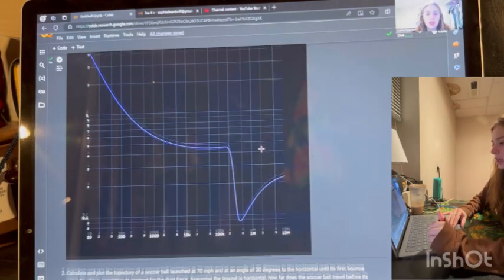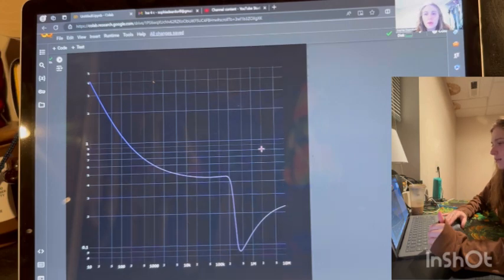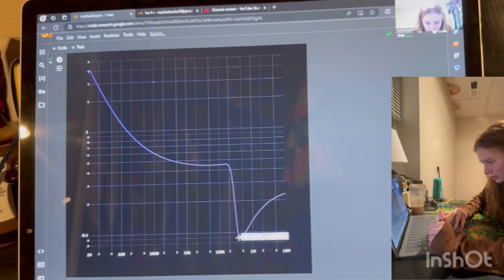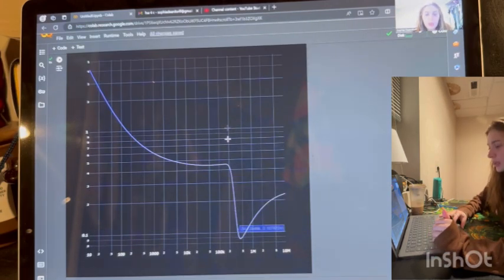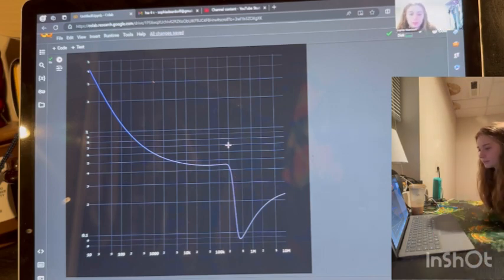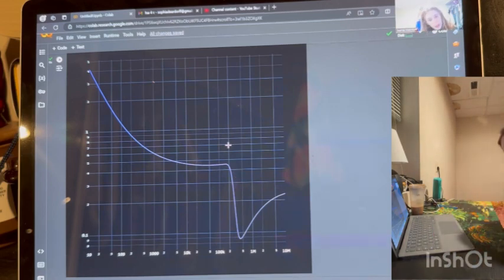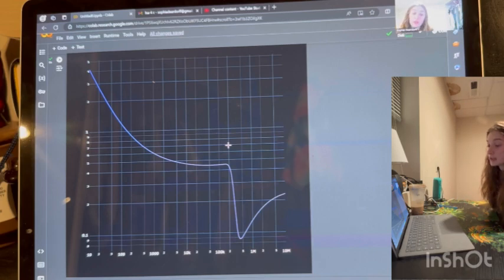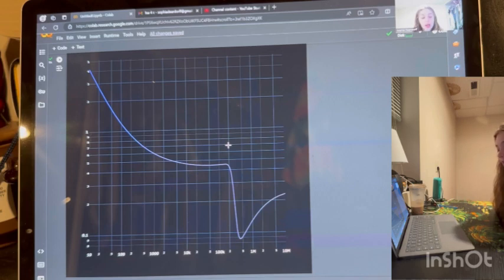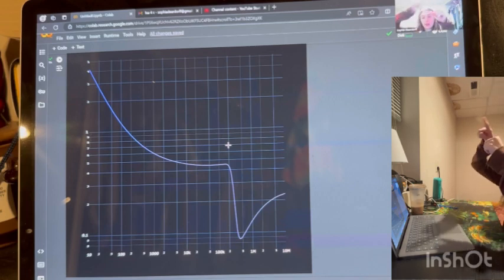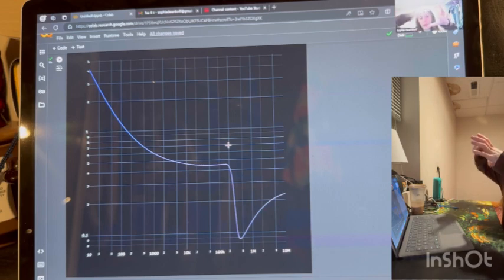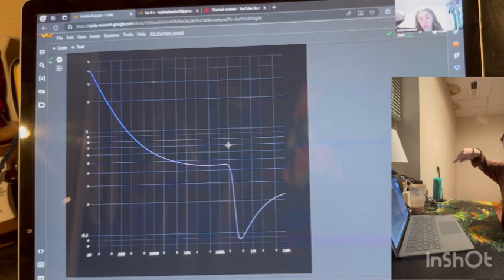Okay. And then for the explanation of why there is such a steep decrease in the drag coefficient: when air is moving around a sphere, there's a high pressure in front of the sphere, and then the air goes over, and there's a low pressure on the other side from the air going above and around on both sides, above and underneath.